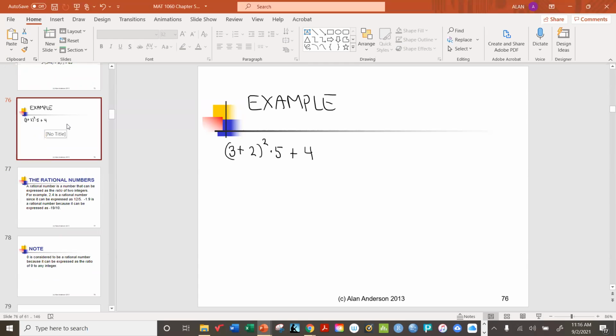All right, what comes first? The parentheses. Then we can do the exponent. Then we can do the multiplication. And then finally, we add.